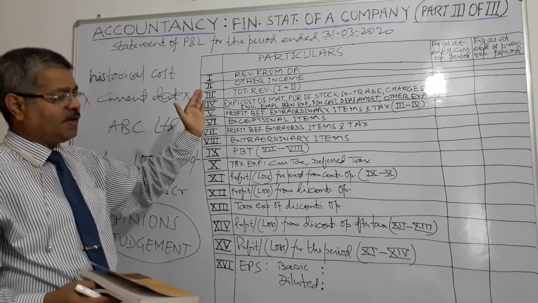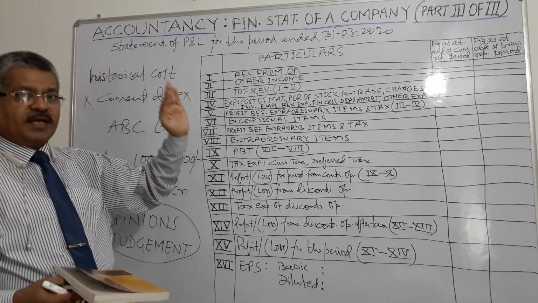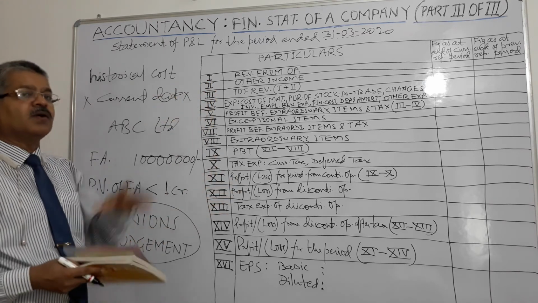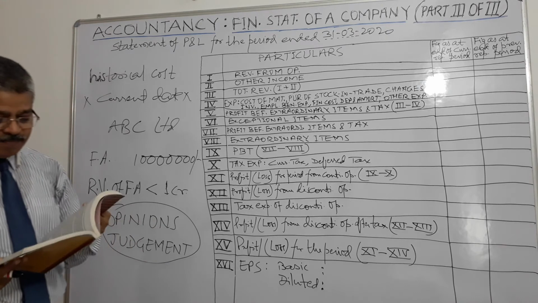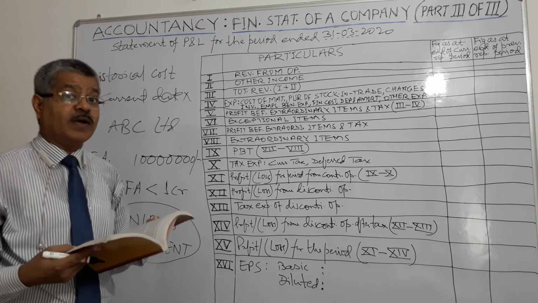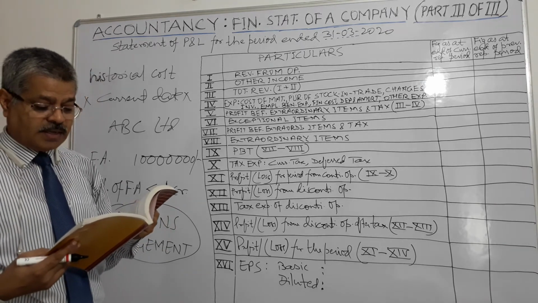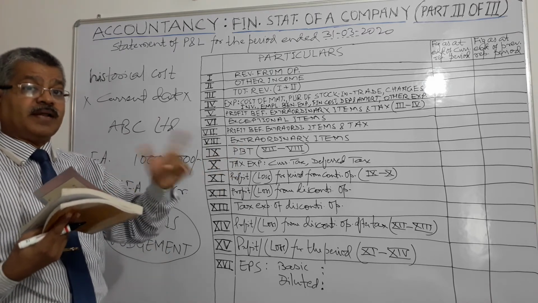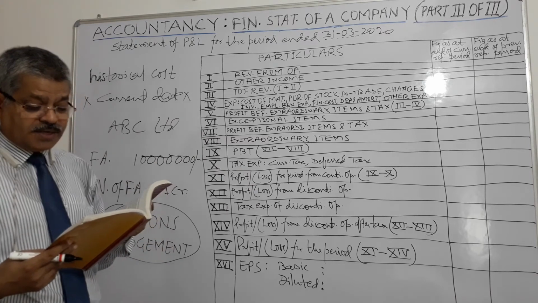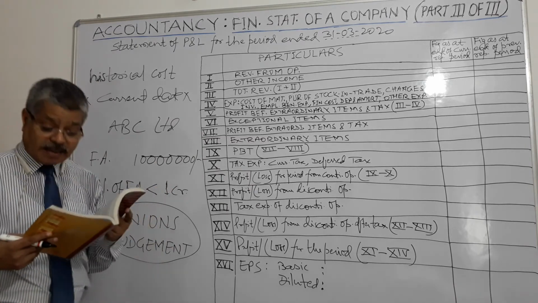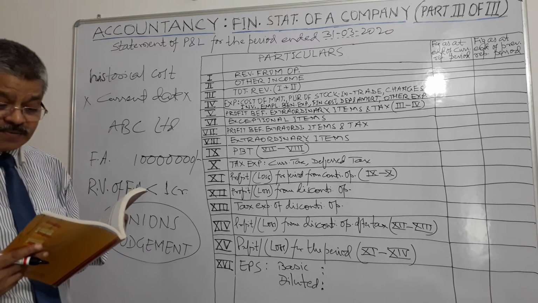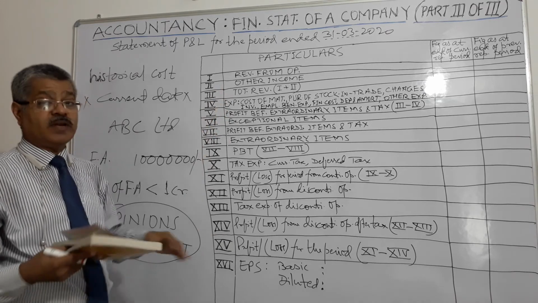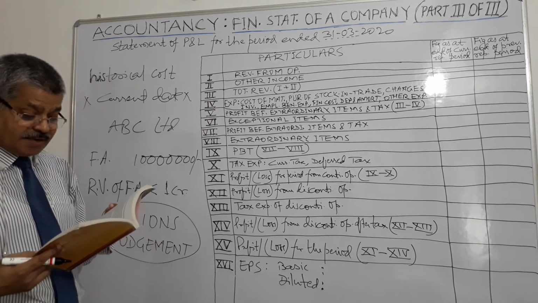Chronological recording of facts or events represented in monetary terms, right, during a particular period. So they don't give qualitative information like industrial relation. What is the relation between the laborers and the management? Labor and the management. Industrial climate. What is the industrial climate prevailing? Labor relations. Quality of work. Quality of manpower. Those things will not come in financial statements.